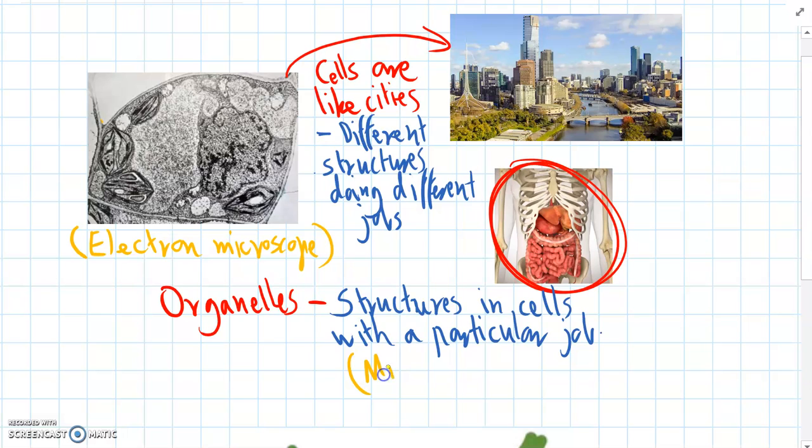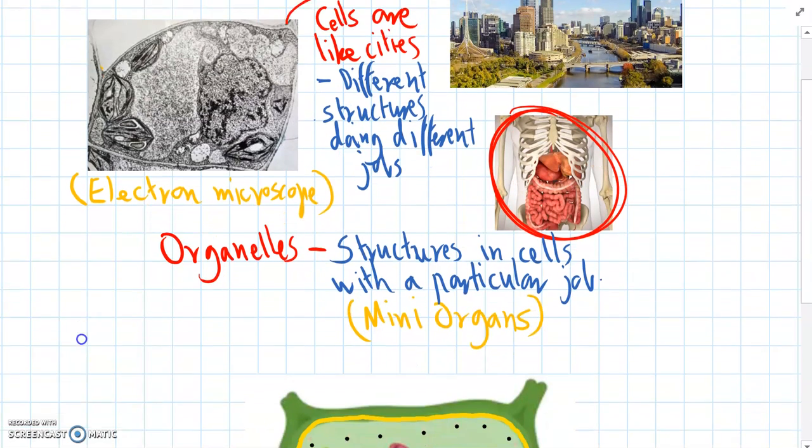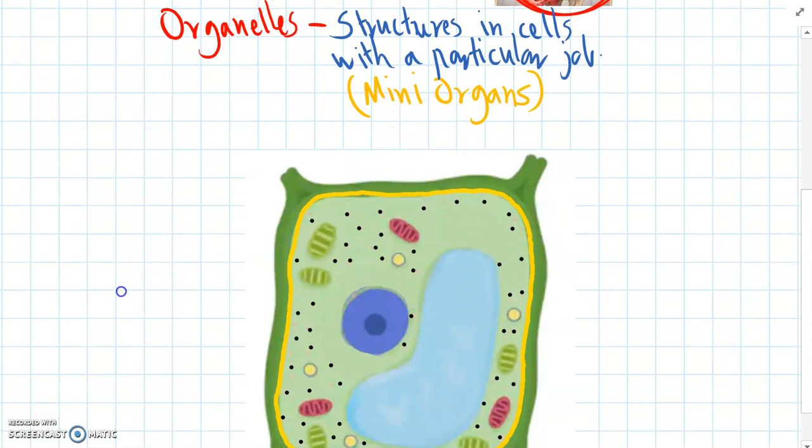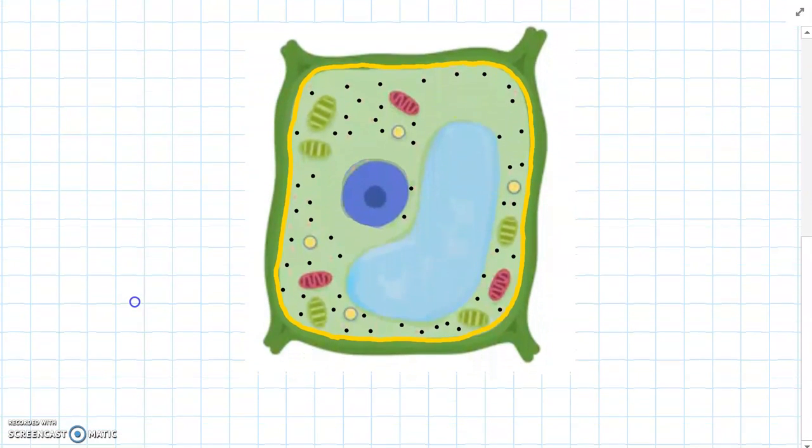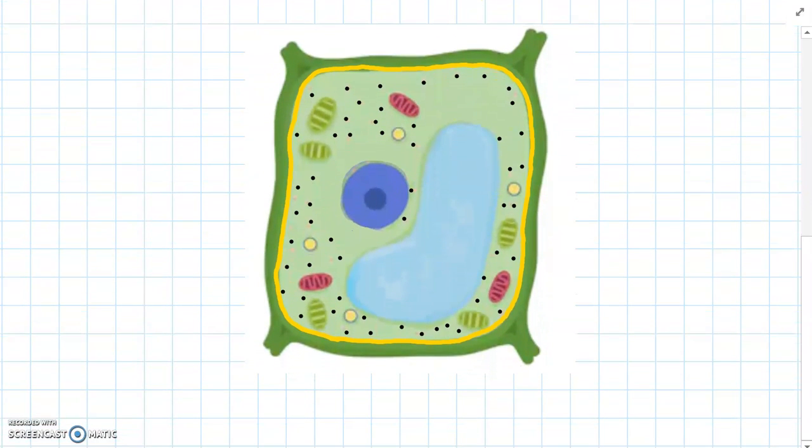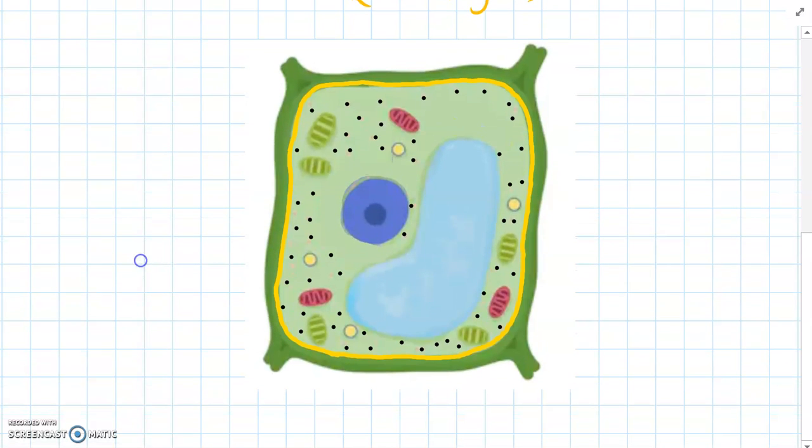And we can always remember, think of the organelles as like mini organs. So here is a simple diagram of a cell, and we're going to look at the main or the most important organelles. There are lots of different ones that have been discovered, but we'll start with the basic organelles.